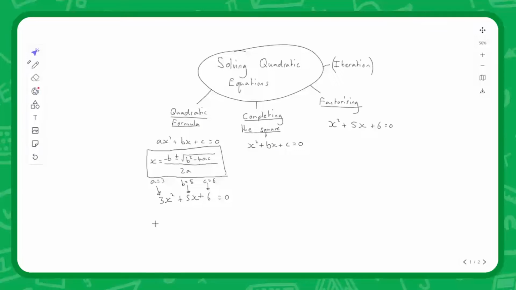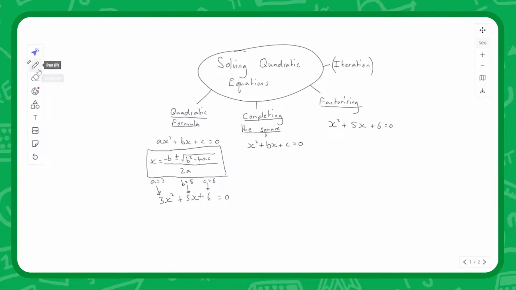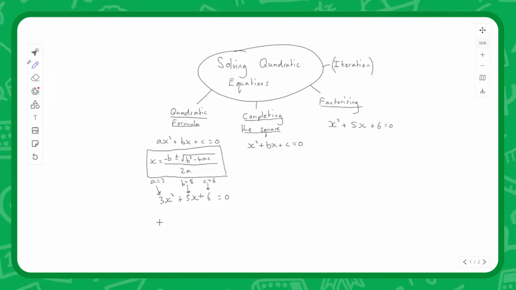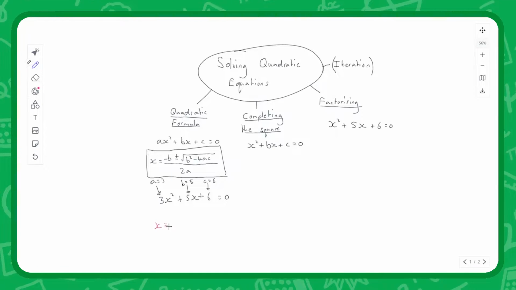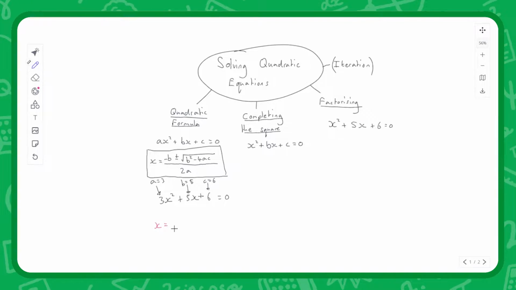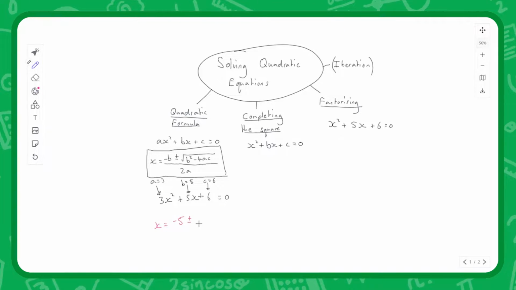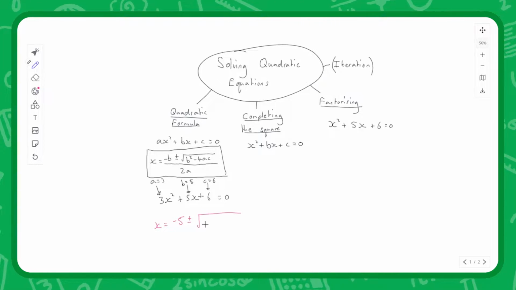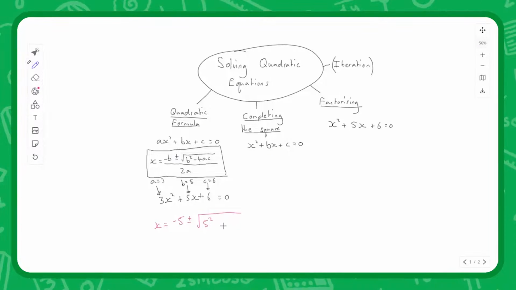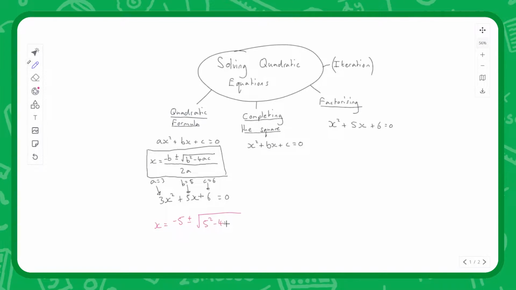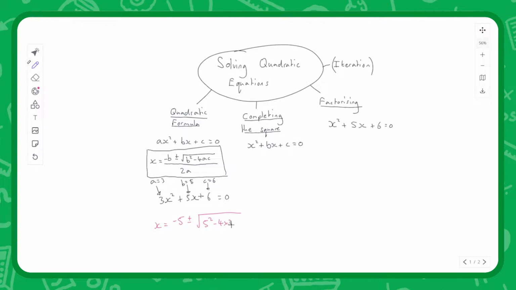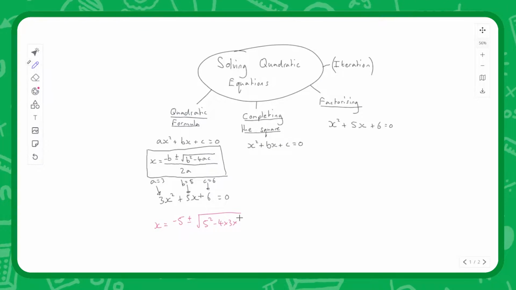And all we would do is put that into our formula. So we would say x is equal to minus b, so minus 5, plus or minus the square root of b squared, which is 5 squared, minus 4 times a, which is 3, times c, which is 6.